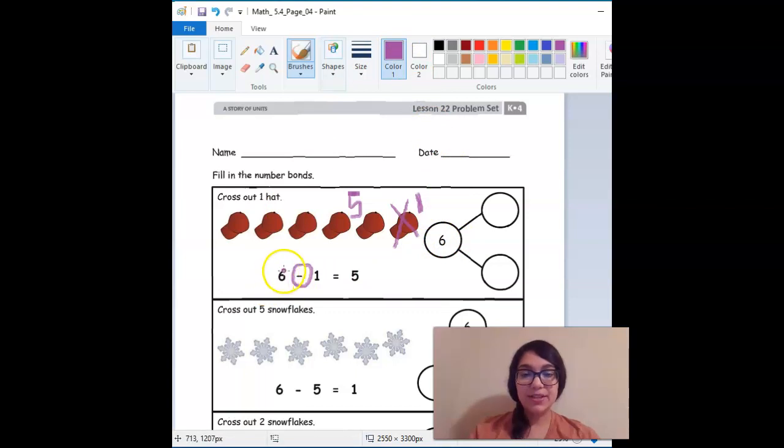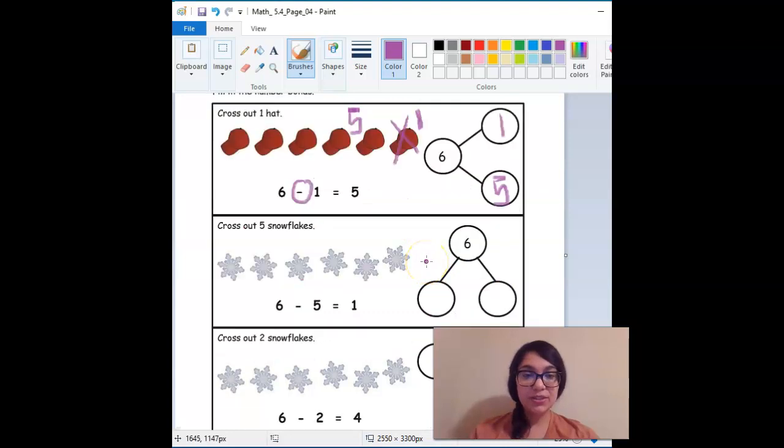We have 6 as our whole in this number sentence and 6 over here. And our parts are going to be, think about our parts. What are our parts? Get ready. Yes, our parts are 1 and 5. And I can look at my picture and I can see that my parts match the numbers that we wrote earlier on the picture.